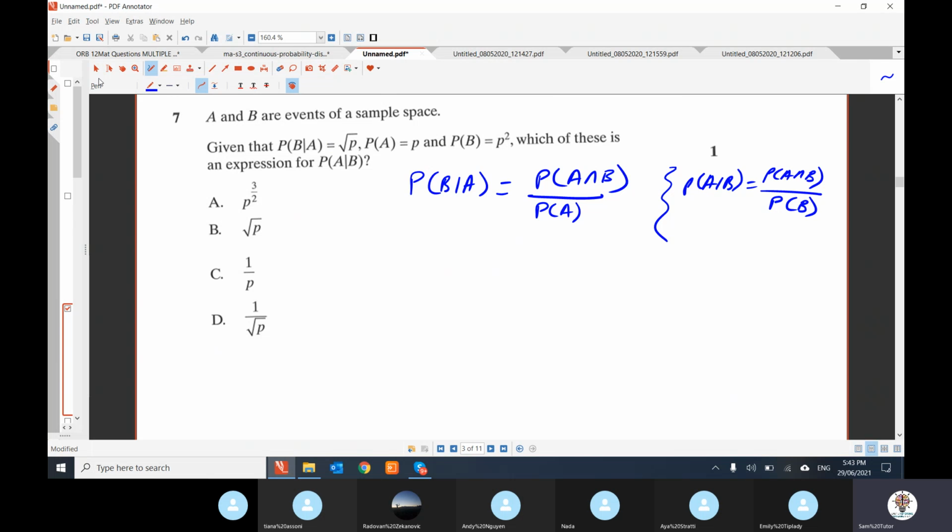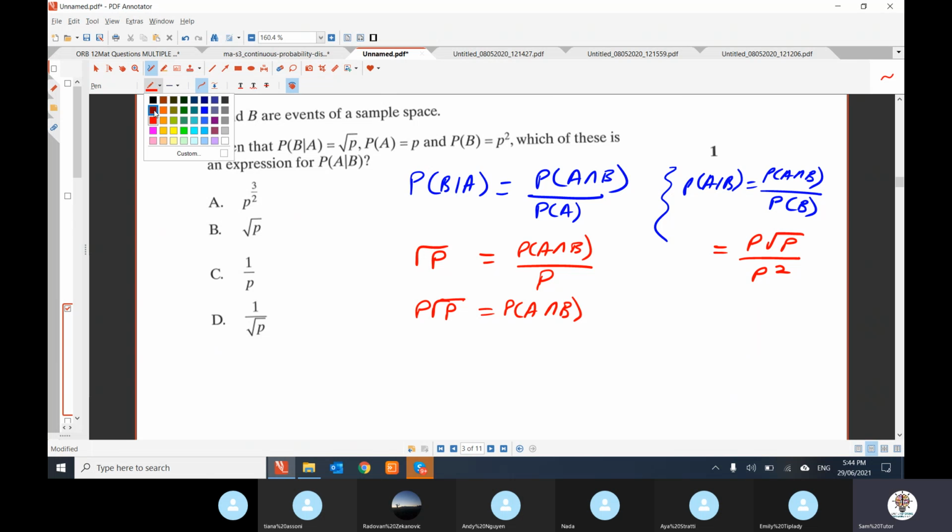Now, probability of B conditional to A is root P. So root P equals probability of A and B over probability of A, which is P. Therefore, P root P equals probability of A and B. The question asks us to find the probability of A conditional to B, so that equals P root P over probability of B, which is P squared.